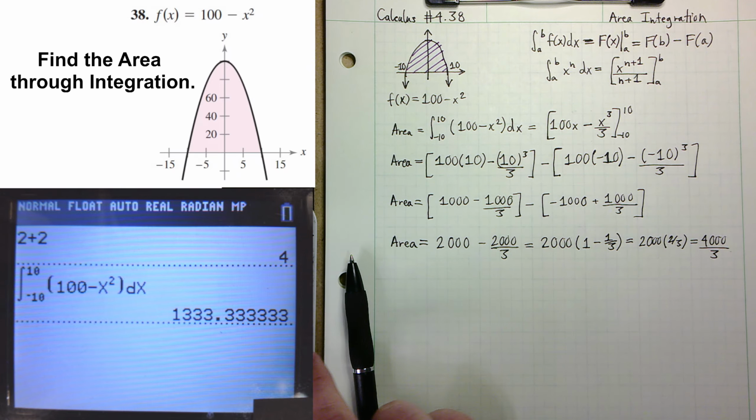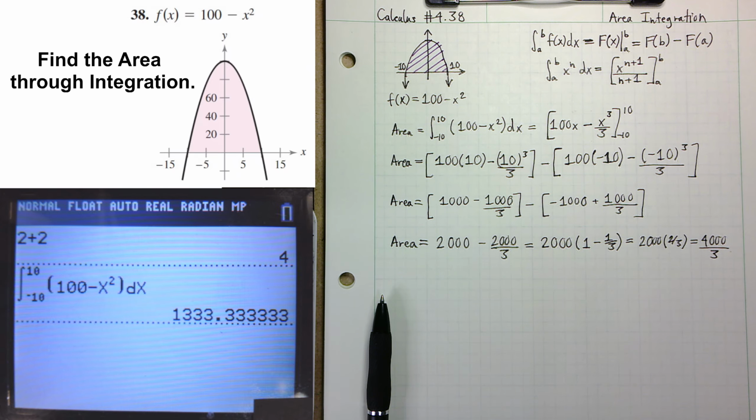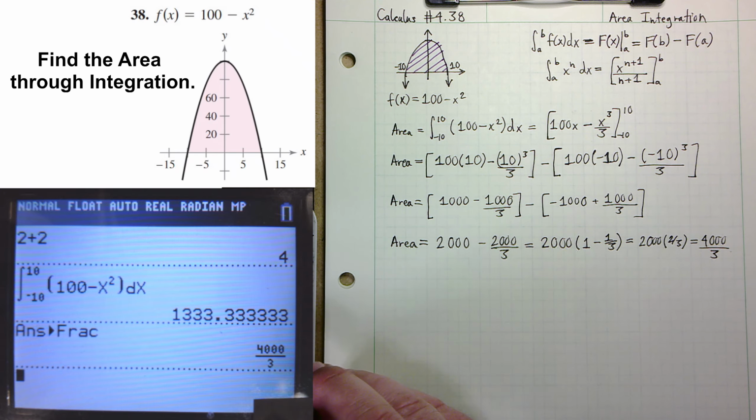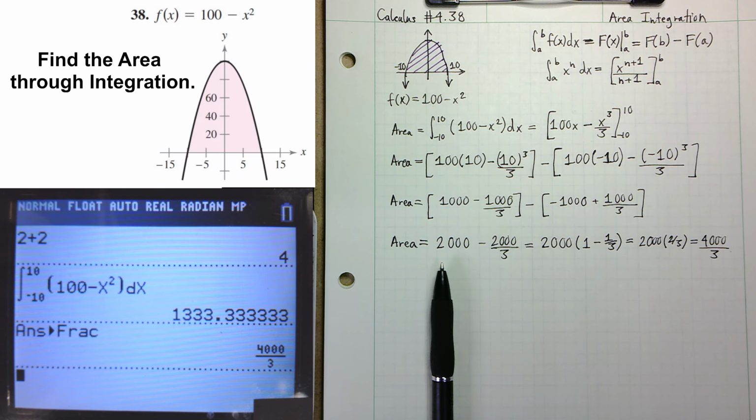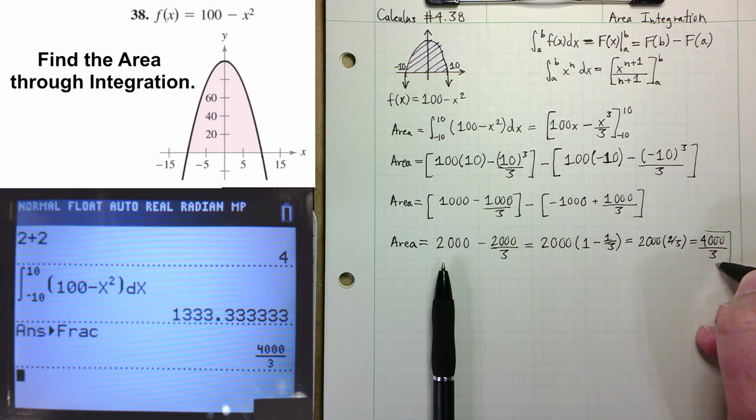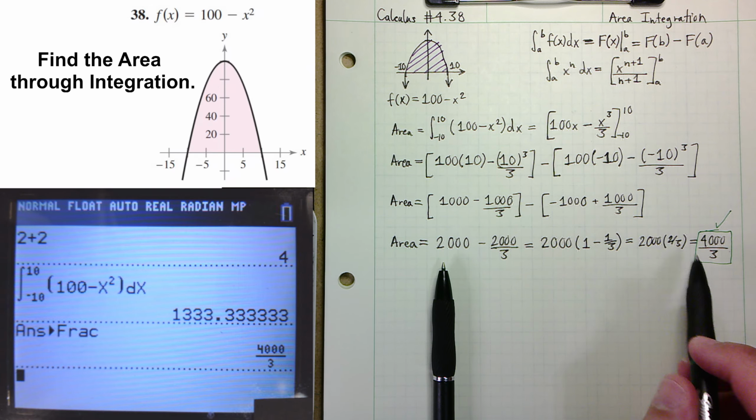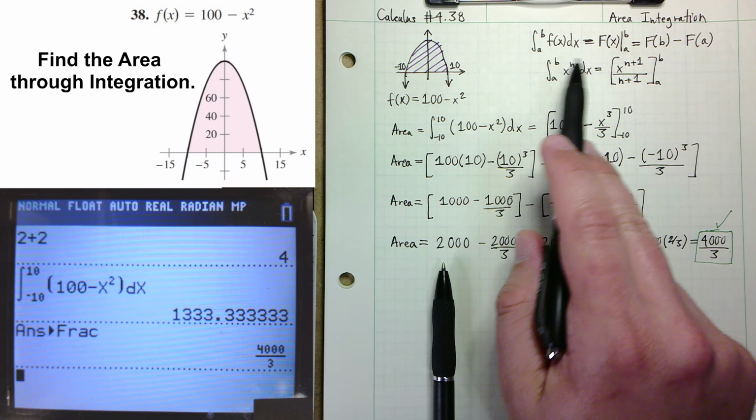And we get 1333, which if we convert to a fraction is 4,000 divided by 3. So we can see here we got the correct answer. We checked in the calculator and we can see this is the area under this curve according to the fundamental theorem of calculus.